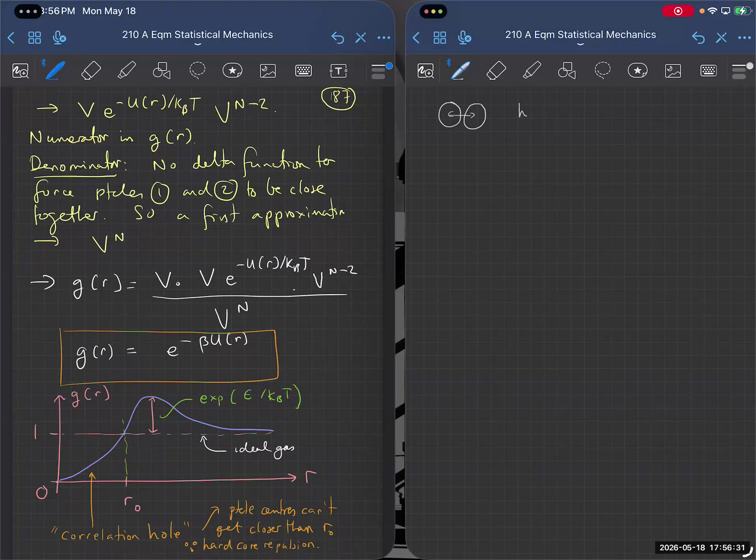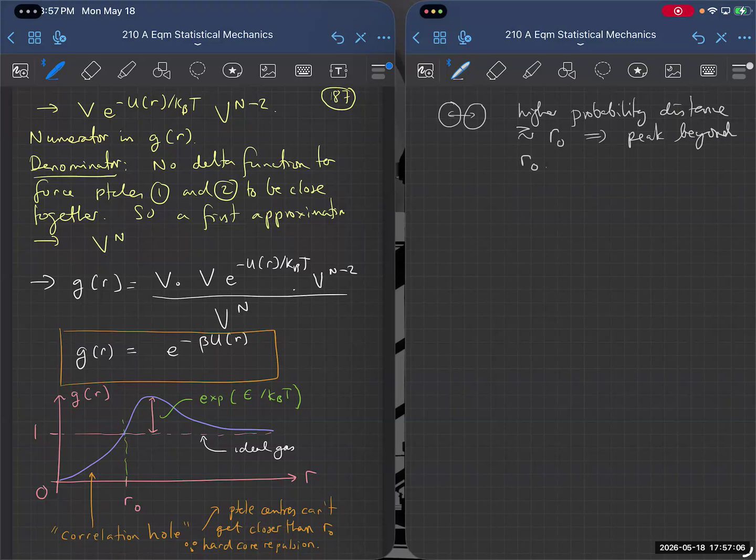So this is going to have a higher probability when the distance is of order R naught, but slightly greater than, and so that's why you get this peak beyond R naught. So that's the reason for it.